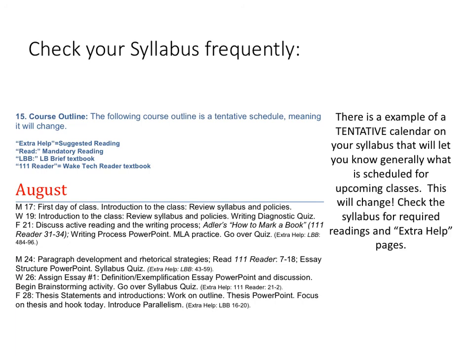So I do want to explain how it works. You'll see here on Monday the 24th, this is an example. It's saying that we're going to read pages 7 to 18 about essay structure. So you should come to class already having read pages 7 to 18 on the 24th. That's not homework.